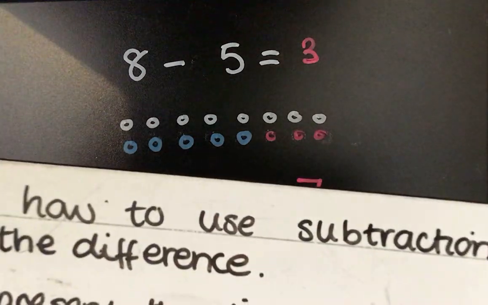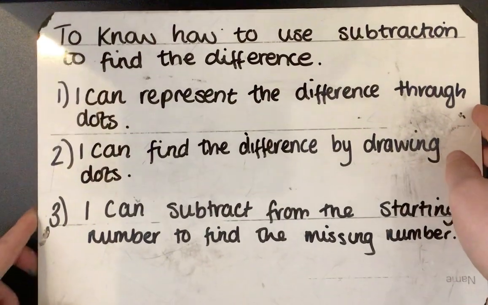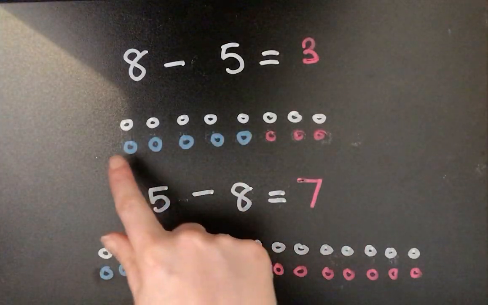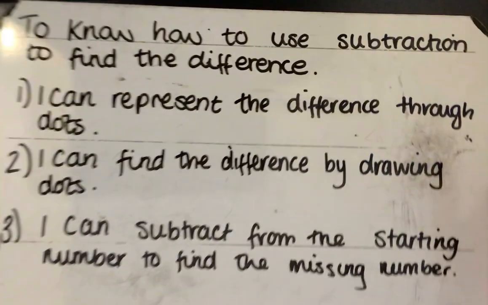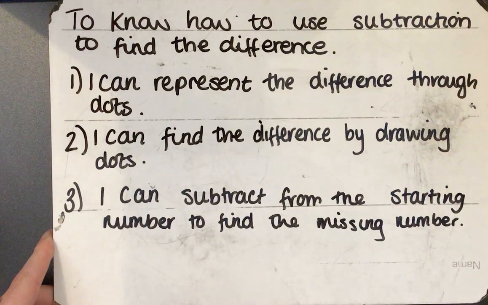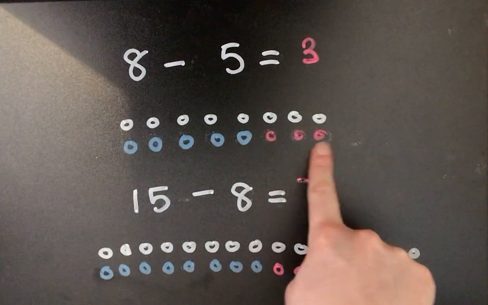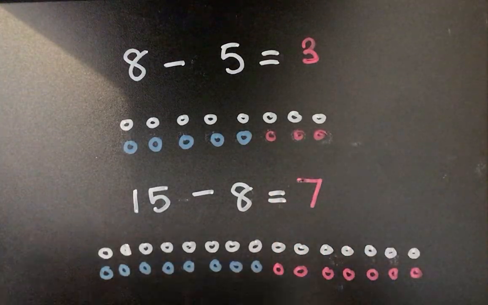At the end of the lesson, you can have a look through and see if you think you've met them. To know how to use subtraction to find the difference, I can represent the difference through dots. So that would be doing this part. Number 2, I can find the difference by drawing the dots. And that is where we found the difference over here.